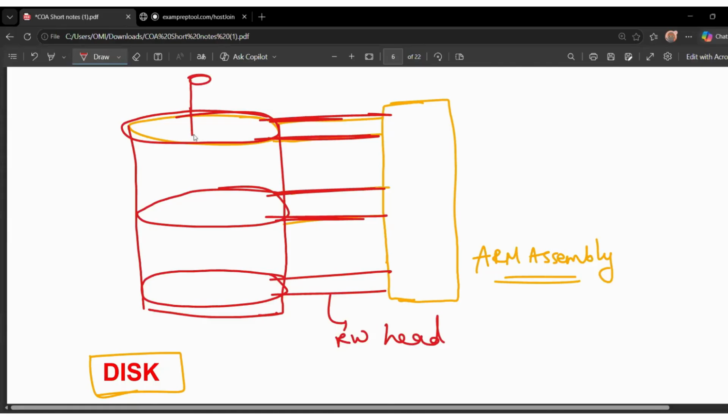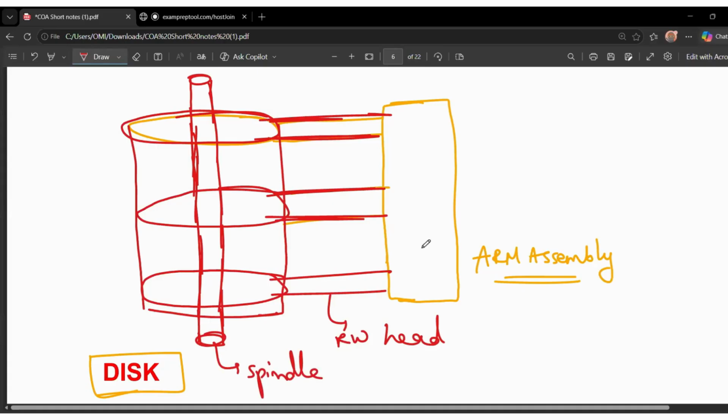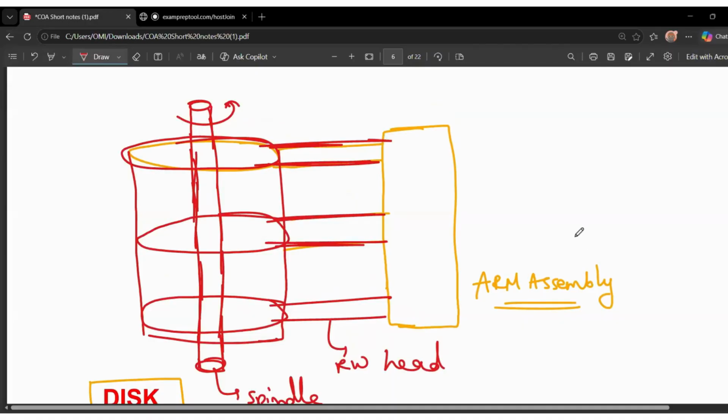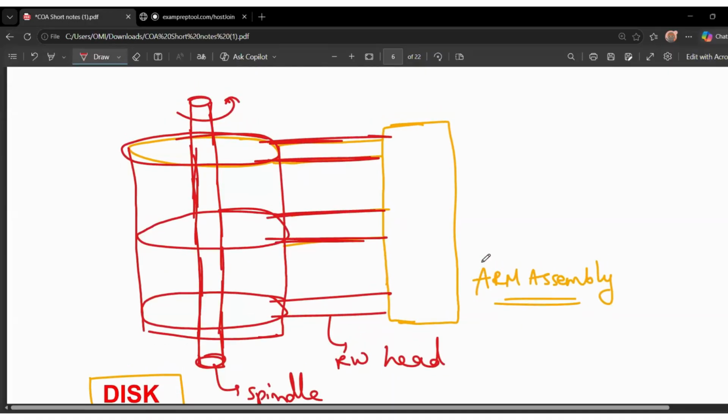The disk is constantly rotating with the help of something called a spindle. Remember the spindle, because the disk keeps on rotating. So with the help of the spindle, it can rotate. There is an arm assembly, there is a read head.